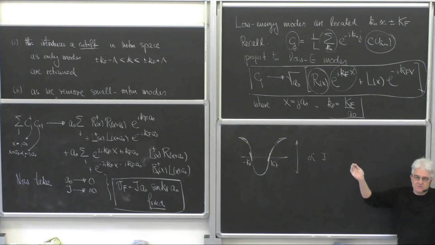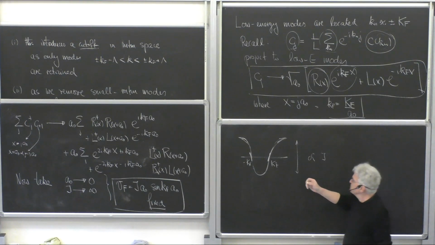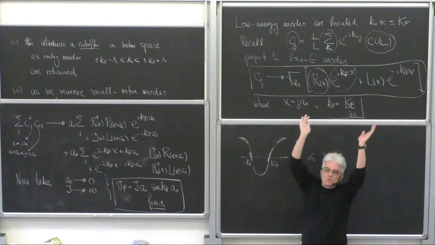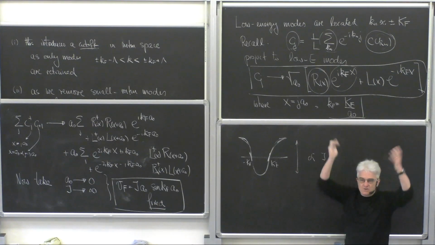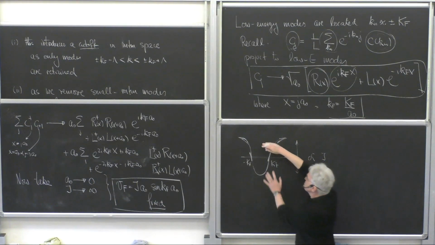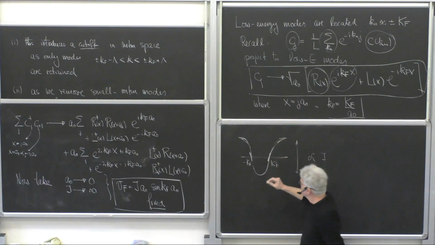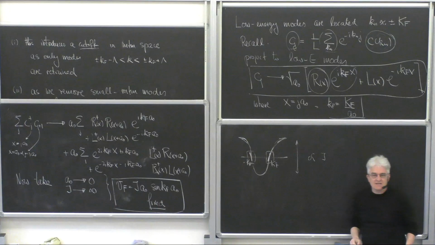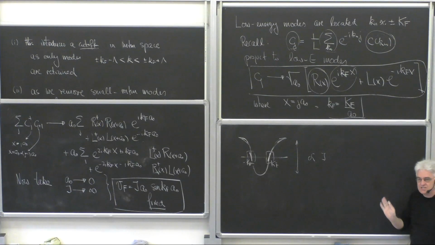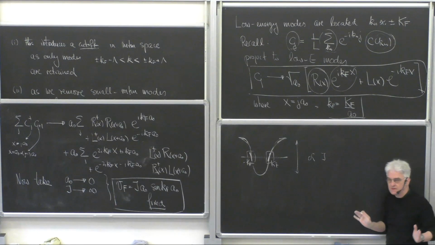It has nothing to do with the field theory. So in the field theory, you can just remove this to infinity, and this is what you do when you send J to infinity. You remove all of the lattice physics, but you keep what happens at low energies fixed, where you just get a linear dispersion now. Okay?